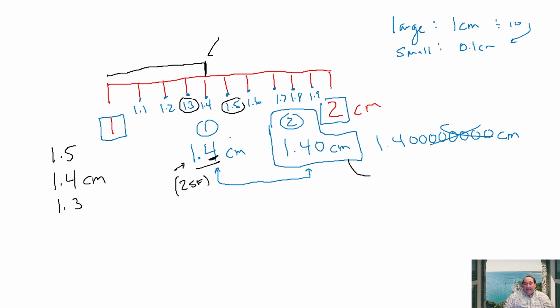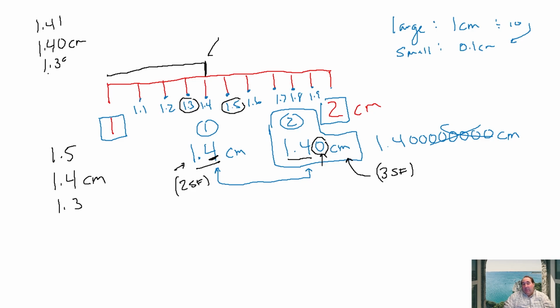Now, if you take this one, this is all of our certain numbers. That means that has to be my first uncertain number. And this would actually have 3 significant figures, with the 0 here at the end being the uncertain number. What you're saying is, in this case, I think it's 1.40 centimeters, but maybe it's like 1.41 centimeters.